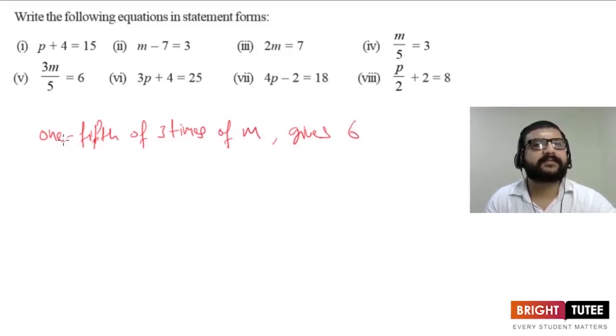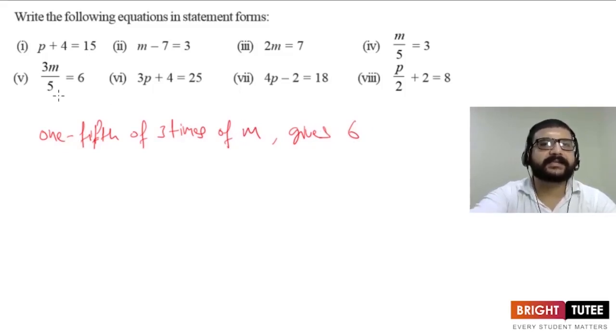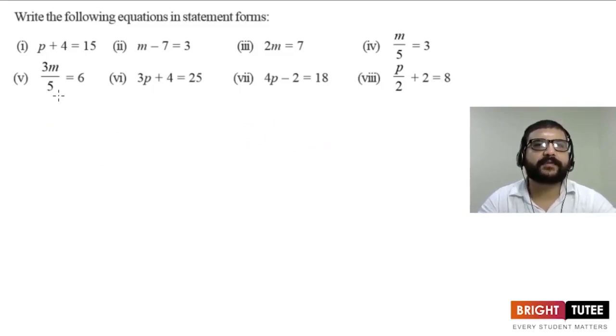That is 1/5 of a number, or 1/5 of 3 times of a number m gives us 6. Now the next equation is 3p plus 4 is equal to 25.